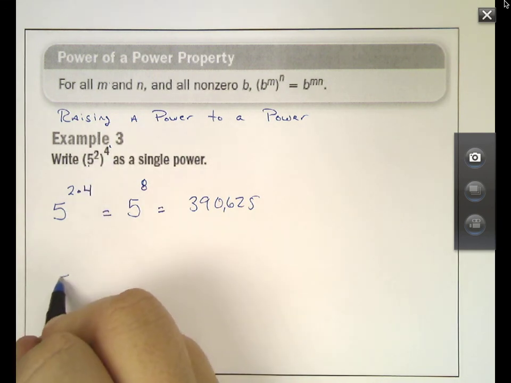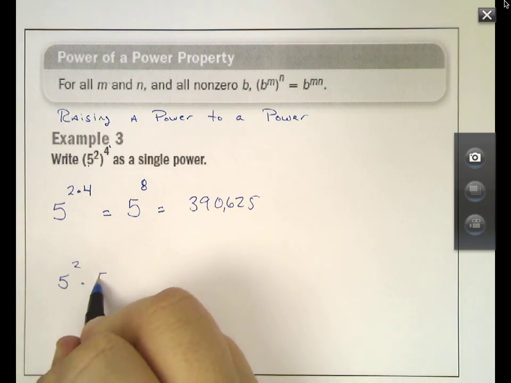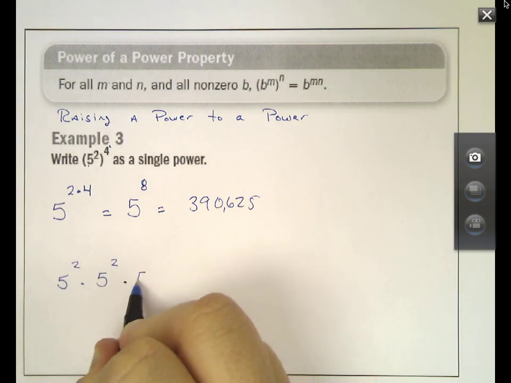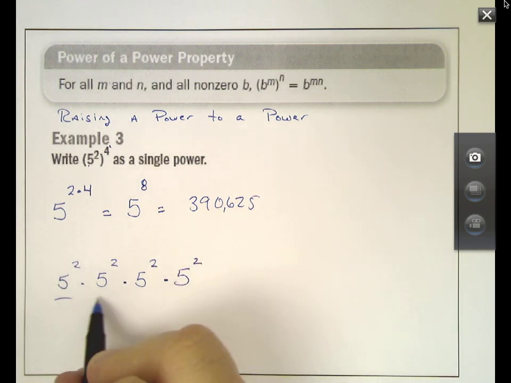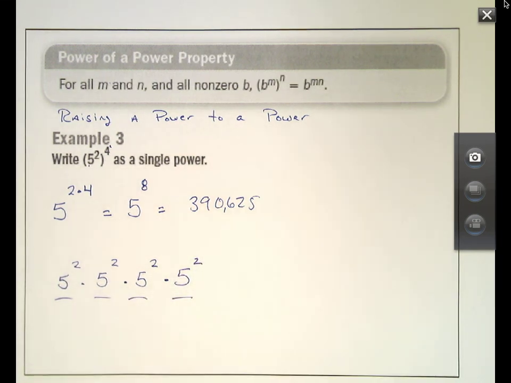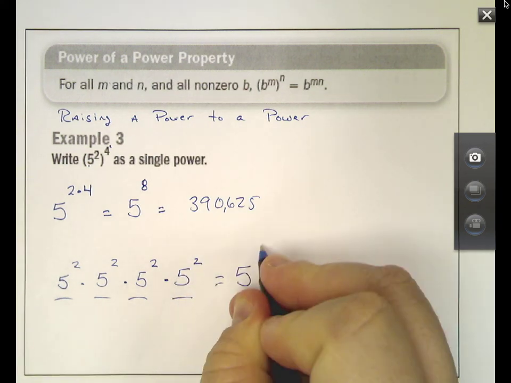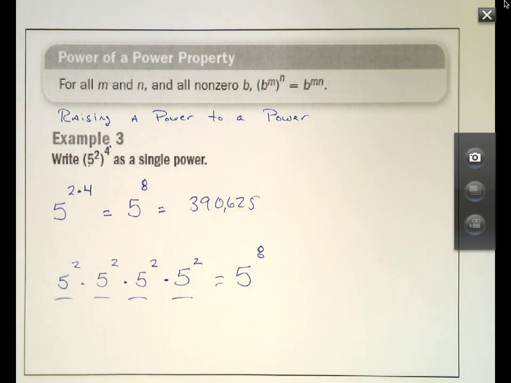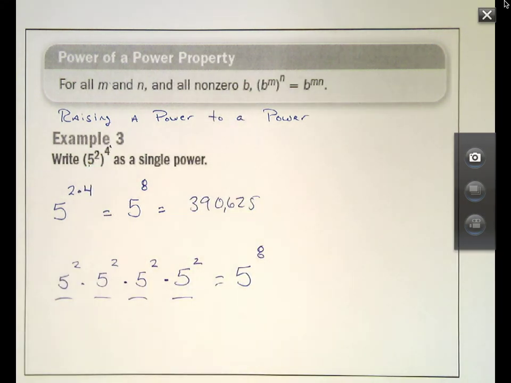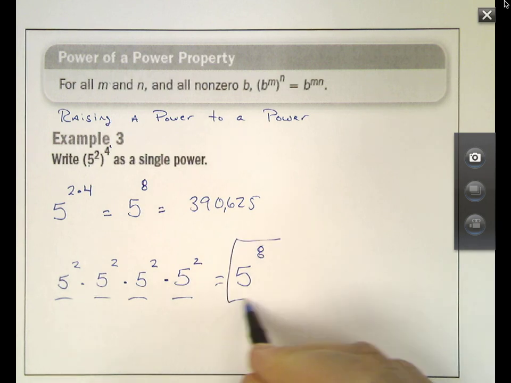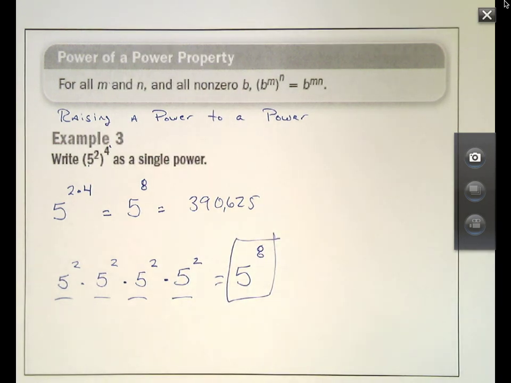Well, this says I have 4 of these. So I would write this as 5 to the second times 5 to the second times 5 to the second times 5 to the second. All these things share the same base, so you would add exponents. What's 2 plus 2 plus 2 plus 2? You would say, I have 8 of them. This is a shorter way to do raising a power to a power.